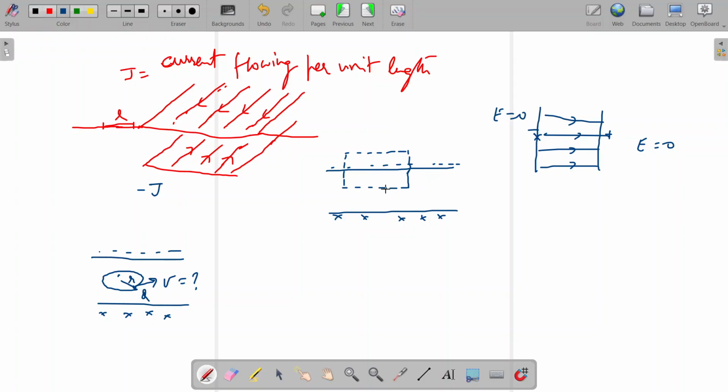So if you apply the right hand rule, you would find that the direction of the magnetic field is like this, or just opposite to it. Actually the magnetic field would be in this direction.